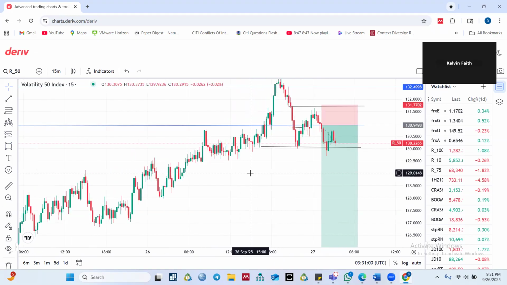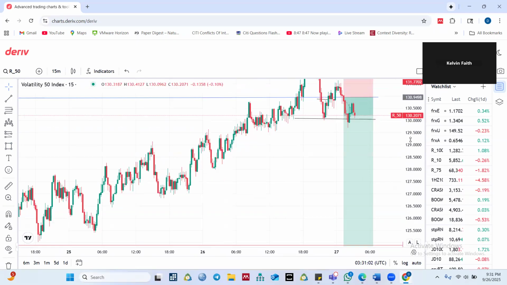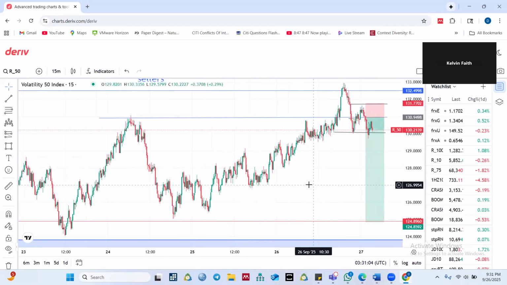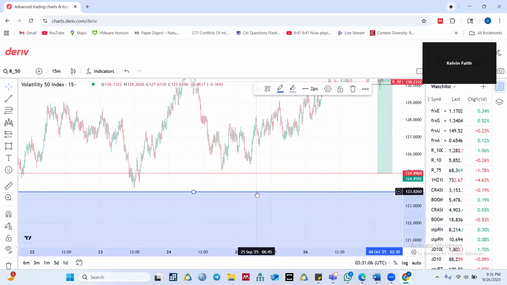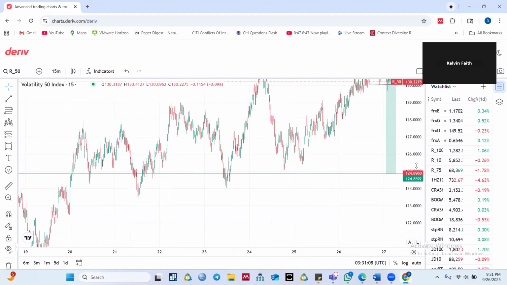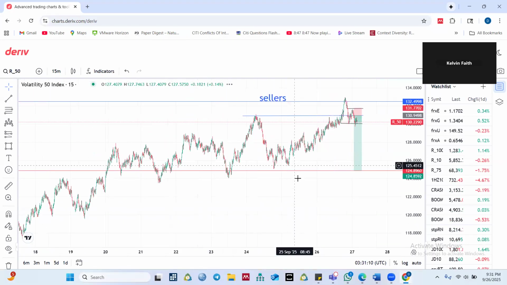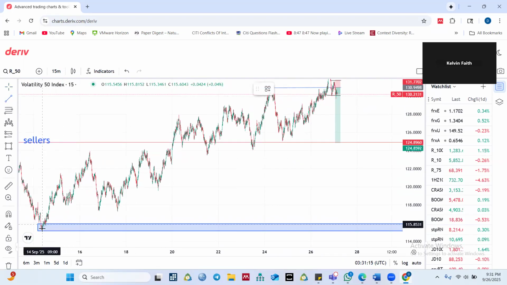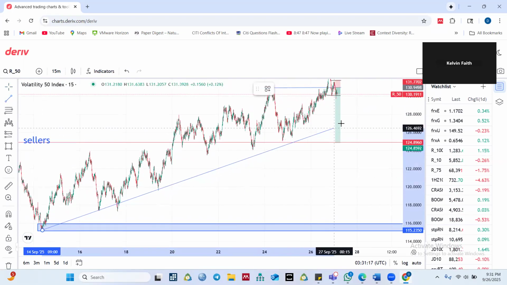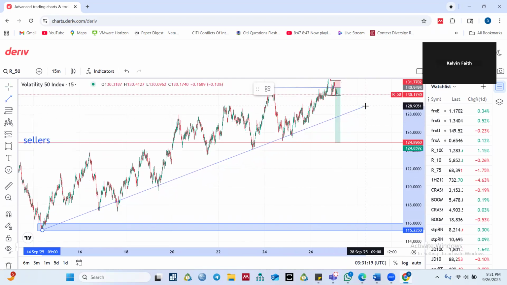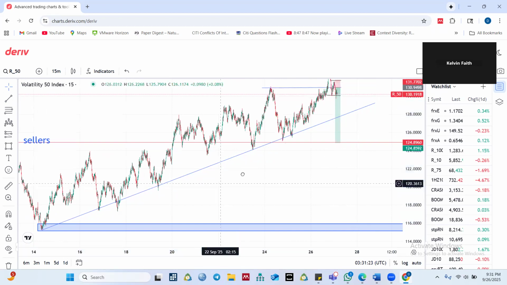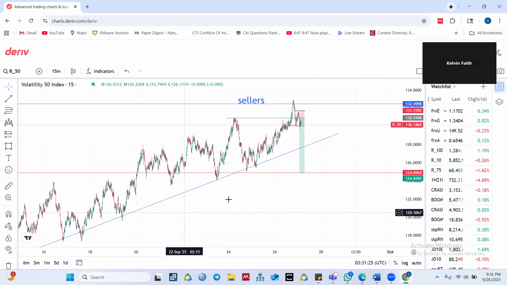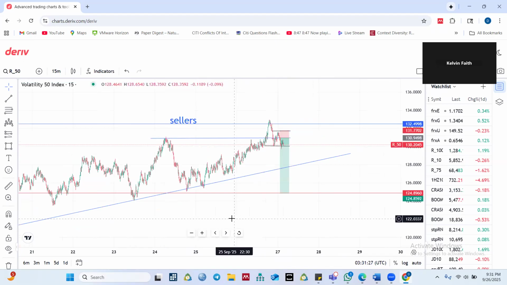Okay, so the other thing I want to check is to find confluence with these trend lines. So let's see. I can draw a trend line here. If this trend line is to break, it means we are going to go more bearish.